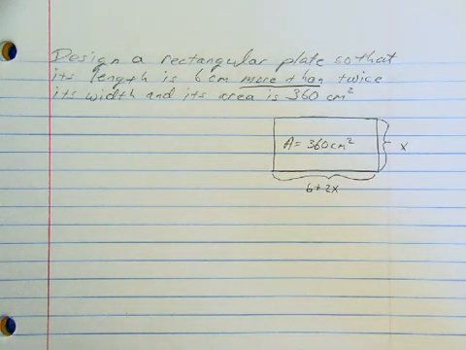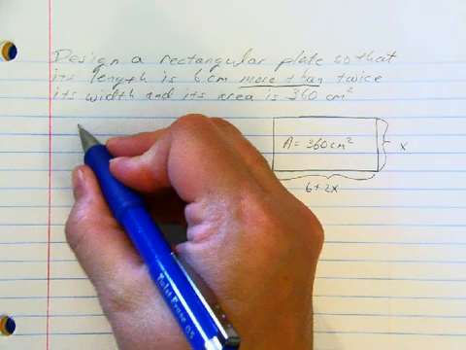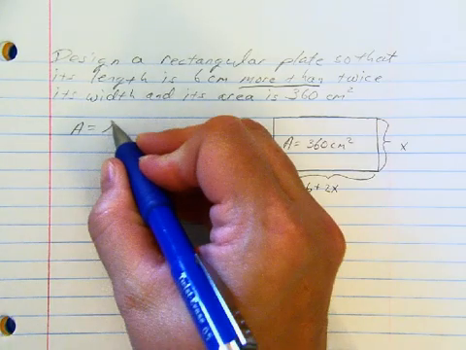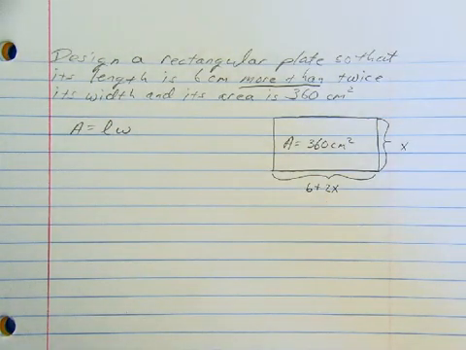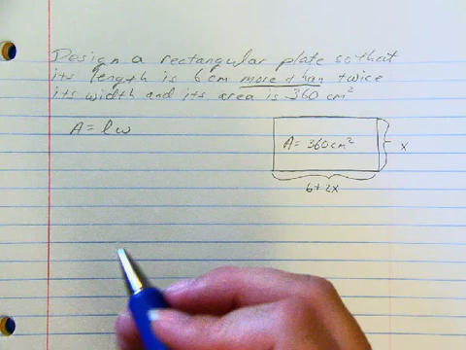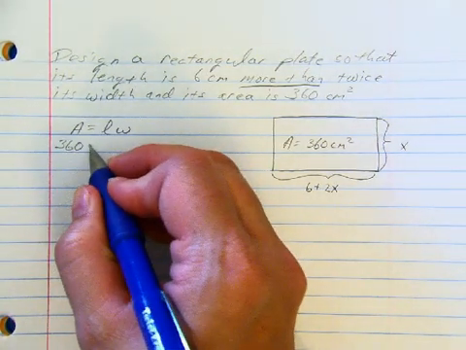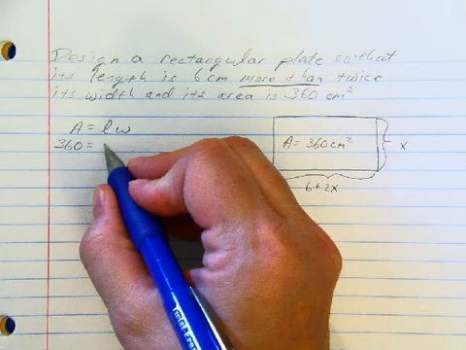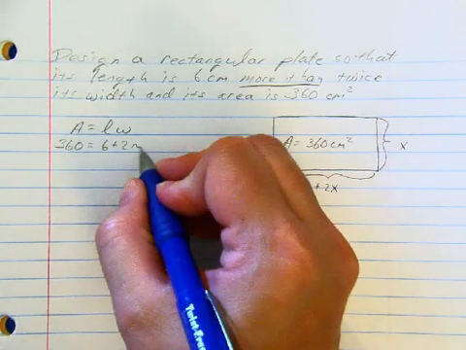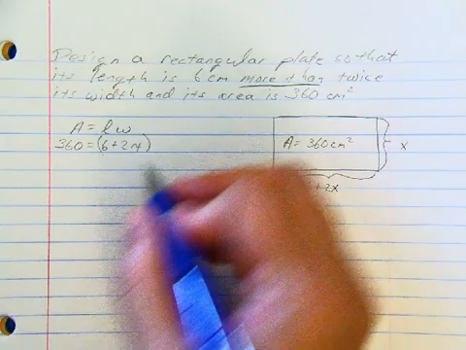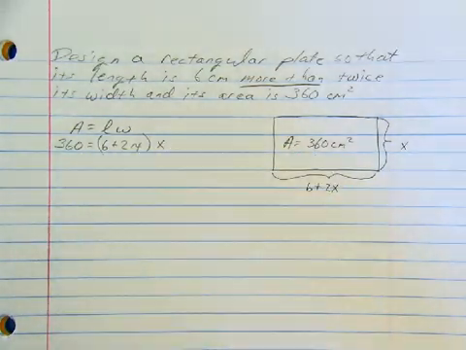In order to do that, we need to use the equation A equals length times width. We know our area is 360, we know the length is 6 plus 2x, and we know the width is x.